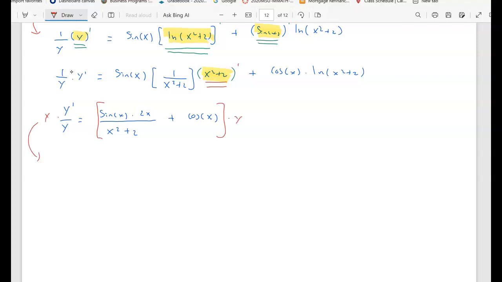And then express the derivative as y prime is equal to the sine of x times 2x over x squared plus 2. Oh, I'm missing the ln of x squared plus 2 there, let me fix it.